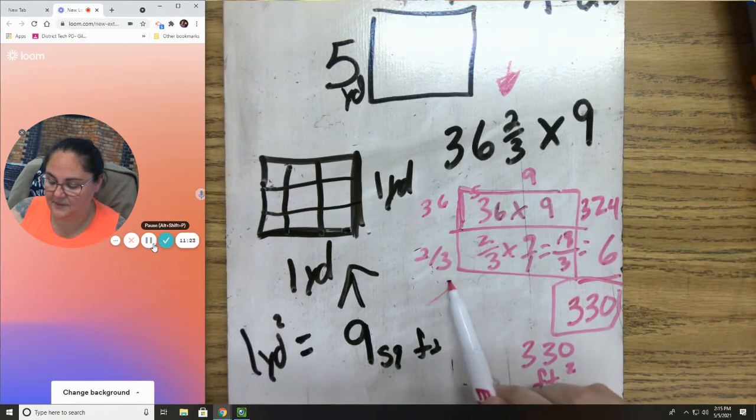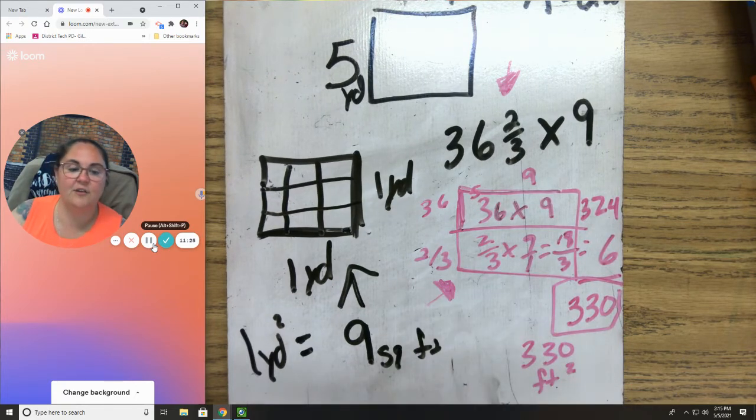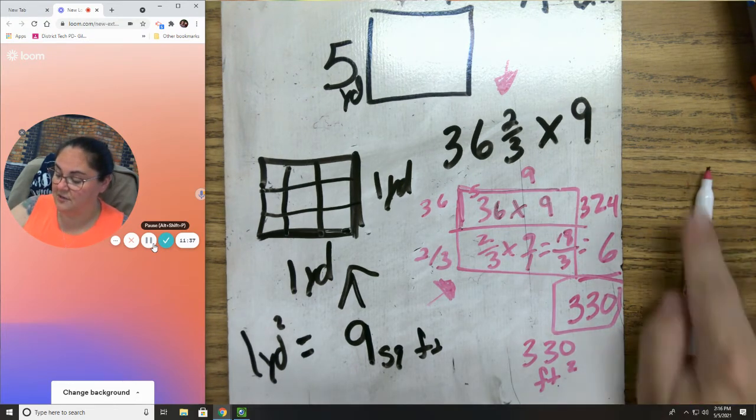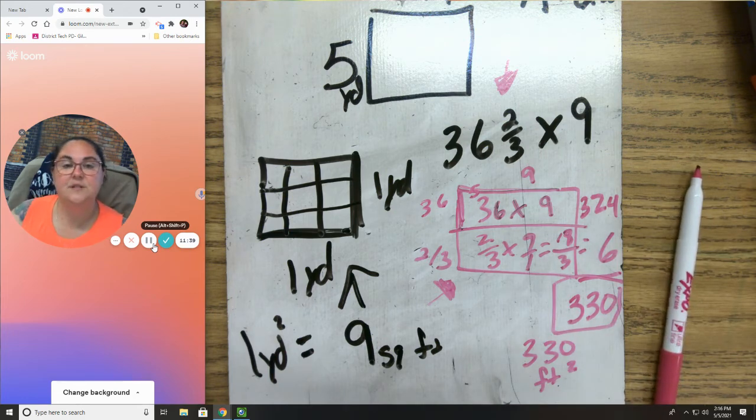Then I multiplied by 9 because there are 9 square feet in 1 square yard. So again, if I ask you on a quiz, or in this Ed puzzle, how did you solve that problem? You would say, first I found the area in square yards. Then I multiplied by 9 because there are 9 square feet in 1 square yard.